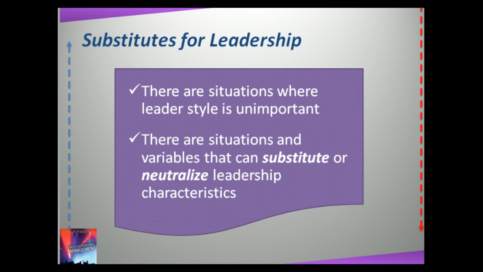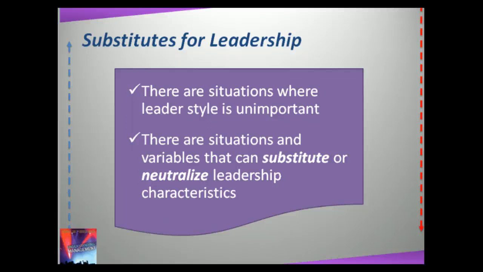So the final contingency approach that we're going to be discussing is the leader substitute model. So basically, this approach suggests that situational variables can be so powerful that they substitute for or neutralize the need for leadership.